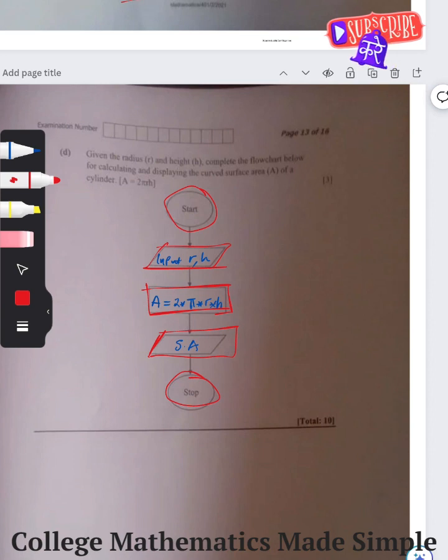So the input is where we are given the radius and the height. So that is why we input R and H. Then in processing our data, we know that area is given by 2 pi RH. So we just write area is equal to 2 star pi star R star H, which is just the formula. Then the output is surface area. So you can just write A here or surface area as the output, and you are done.